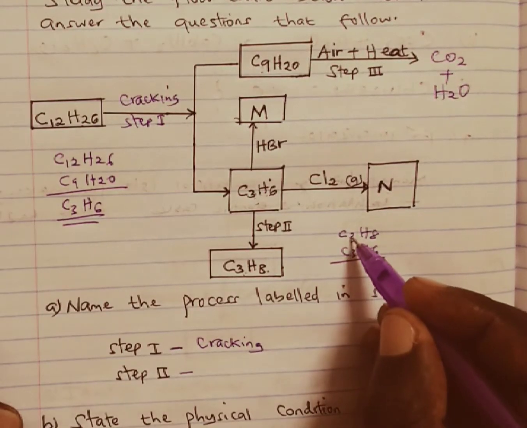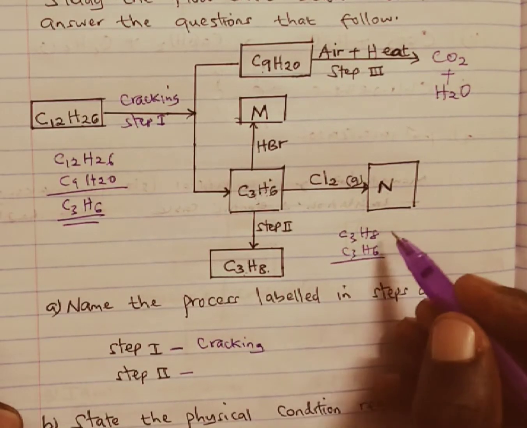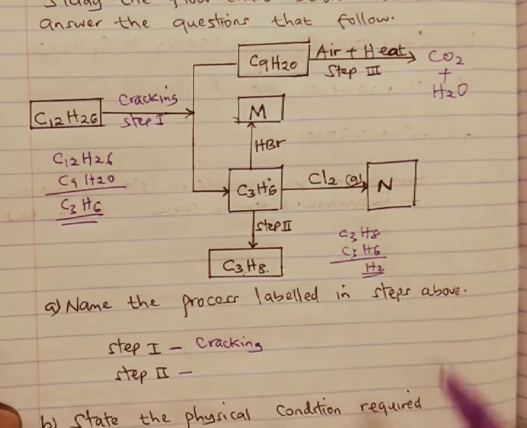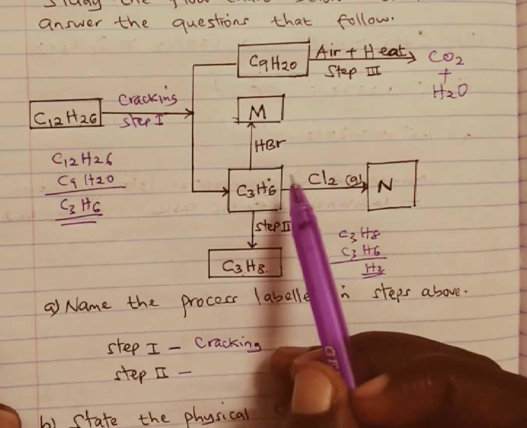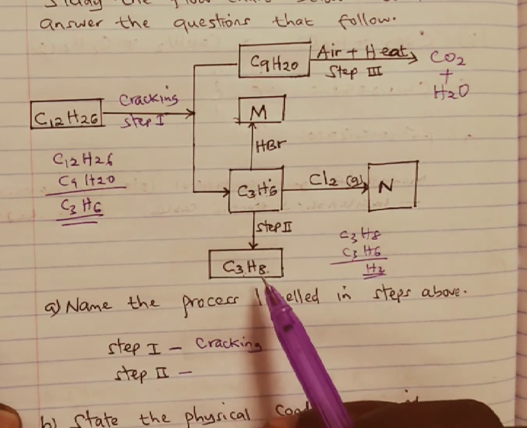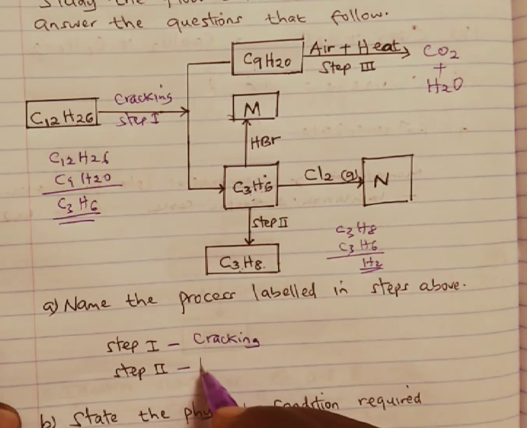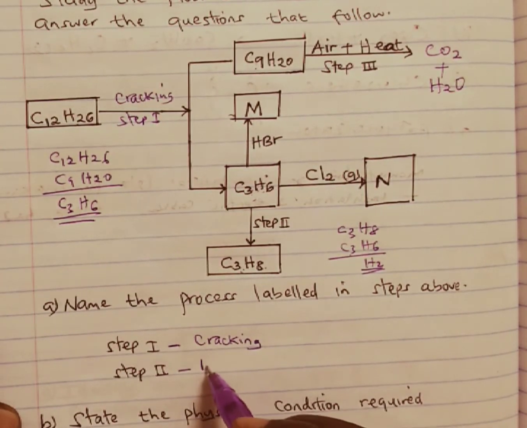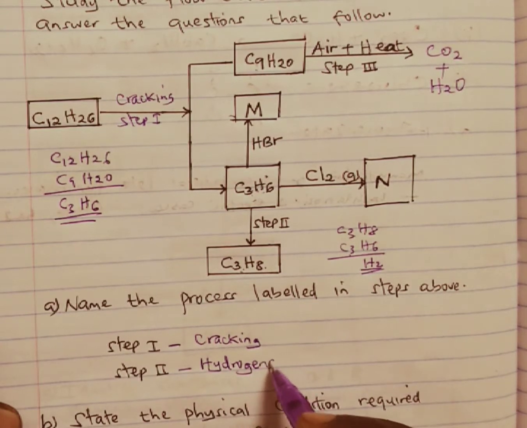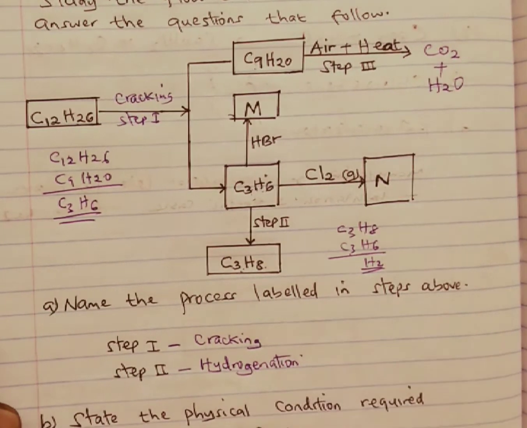Remember, when you C3 minus C3, you get nothing. Then H8 minus H6, you get H2, which is hydrogen. And therefore, hydrogen has been added to propene to give us propane, and the process is known as hydrogenation.